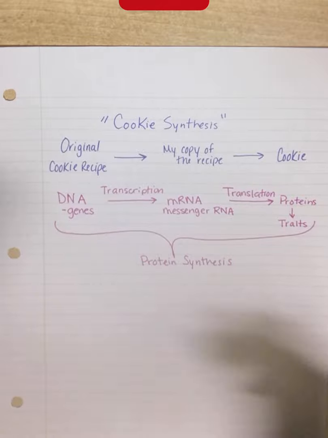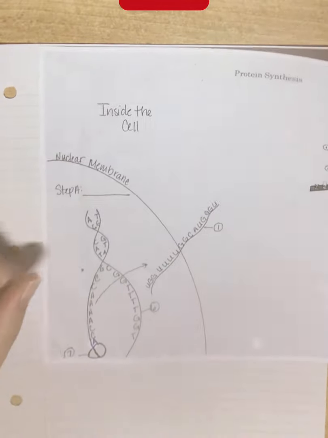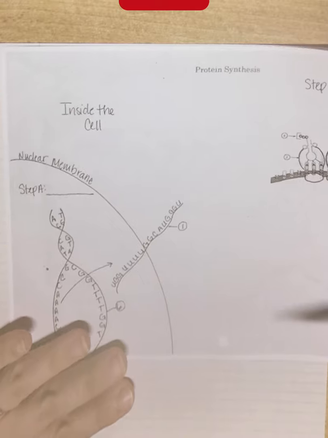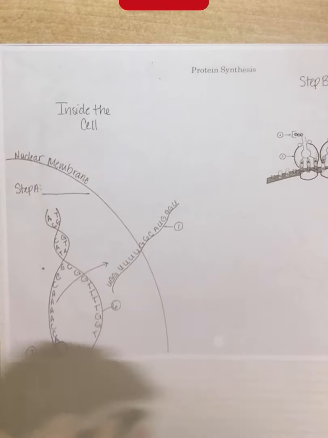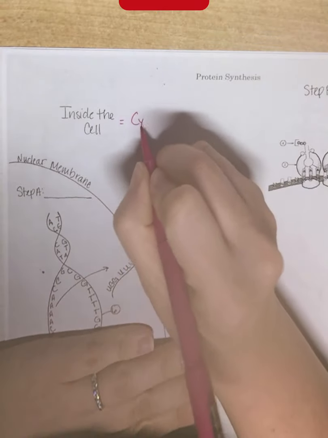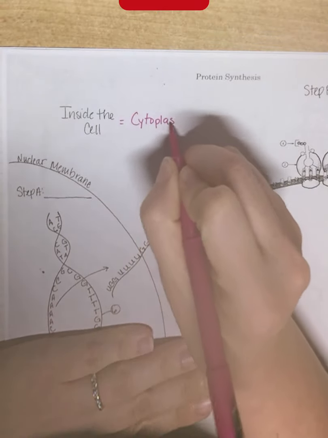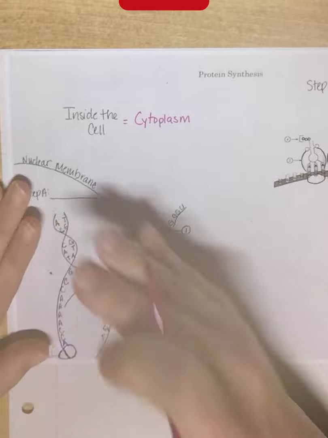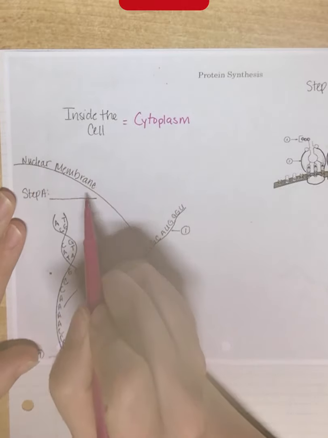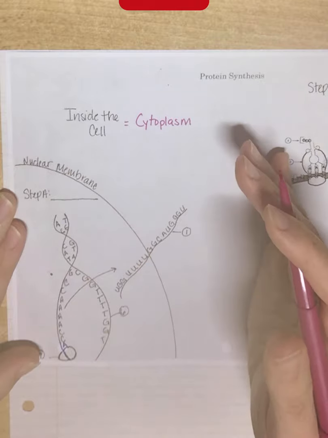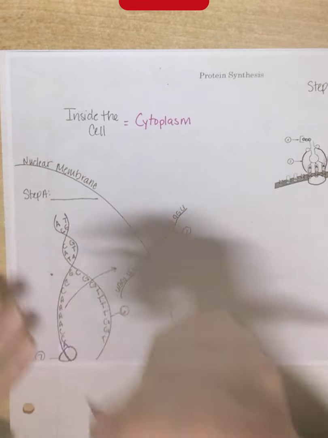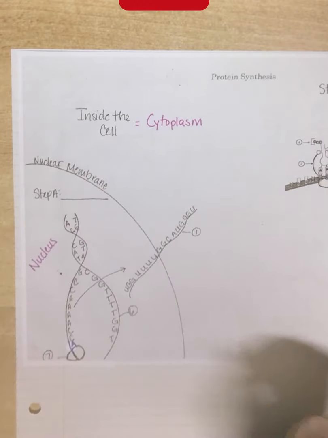Now, if we go and look at protein synthesis on our diagram right here, I want you guys to imagine that this whole sheet of paper represents the inside of the cell, or the cytoplasm. In this particular piece where we see this word nuclear membrane, it's a dividing line that separates the cytoplasm from the internal parts right here, which we call the nucleus.